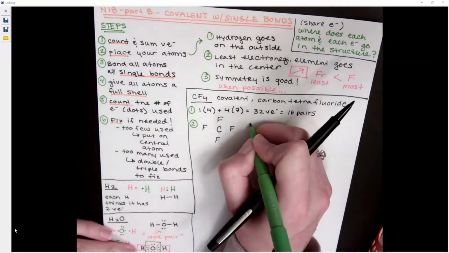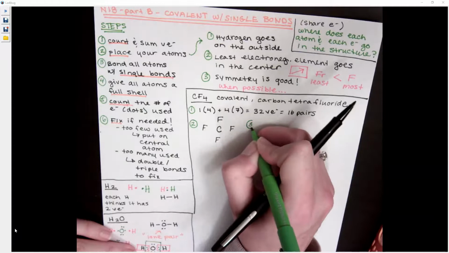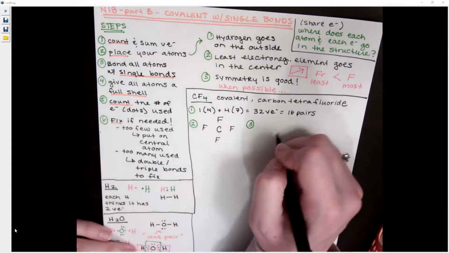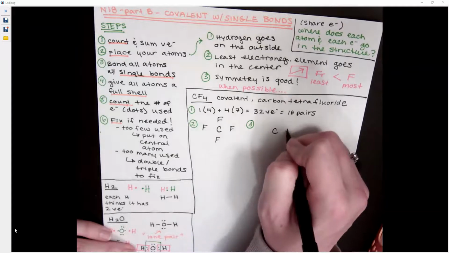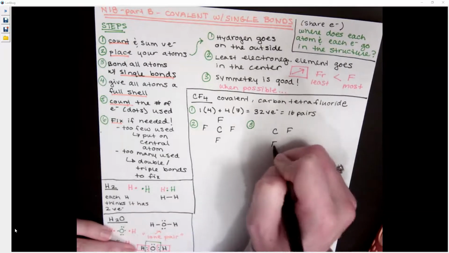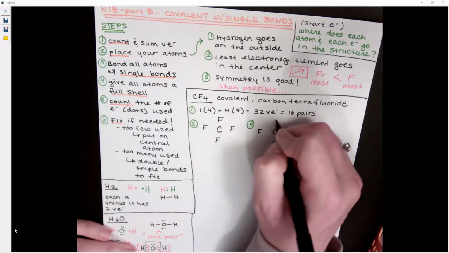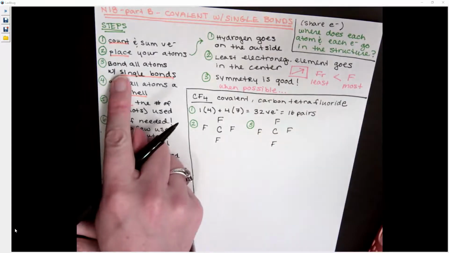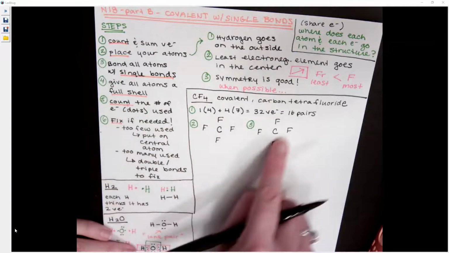I'm going to redraw this for the purposes of our notes. I wouldn't expect you to redraw it in a homework. So the next rule is bond all atoms with single bonds. I don't want these floating around.